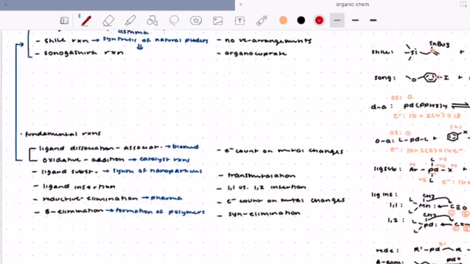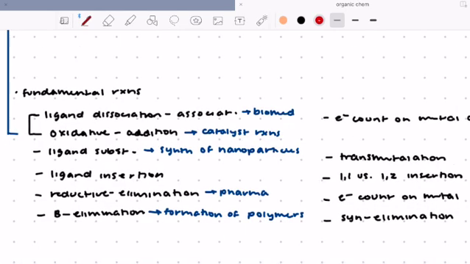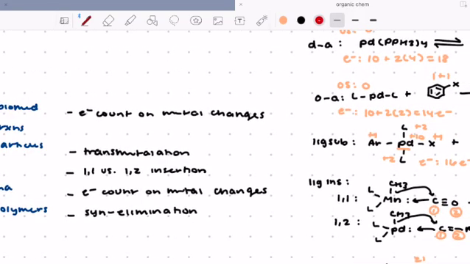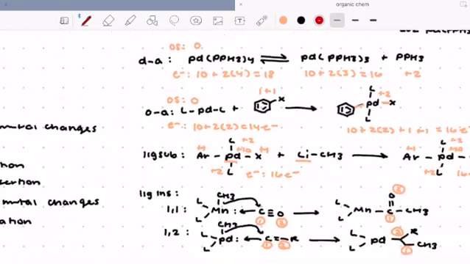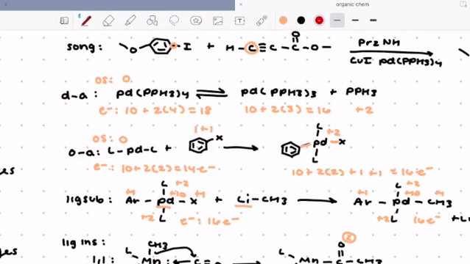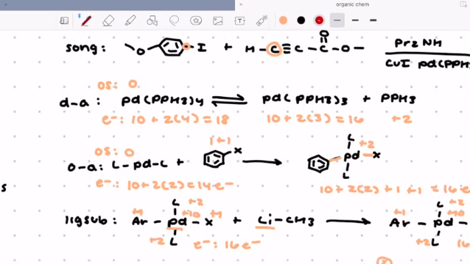Lastly, it's fundamental reactions. So ligand dissociation and association. The electron count on the metal changes. You can see right here is what we're looking at. So this is the oxidation state. You can see that the oxidation state on palladium is 0. It will continue to be 0. However, the electrons change.